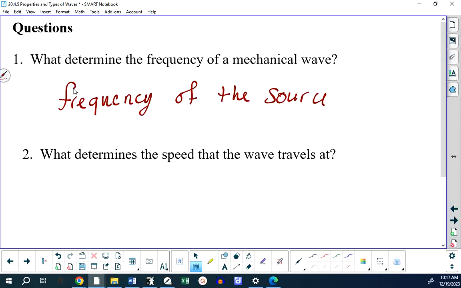What determines the speed? What determines how fast a wave travels through a medium? And I'll tell you right now that whether I'm listening to Wish You Were Here by Pink Floyd or whatever album by my Viking thrash metal favorite band, the wave will travel at the same speed through the water, regardless of the frequency.